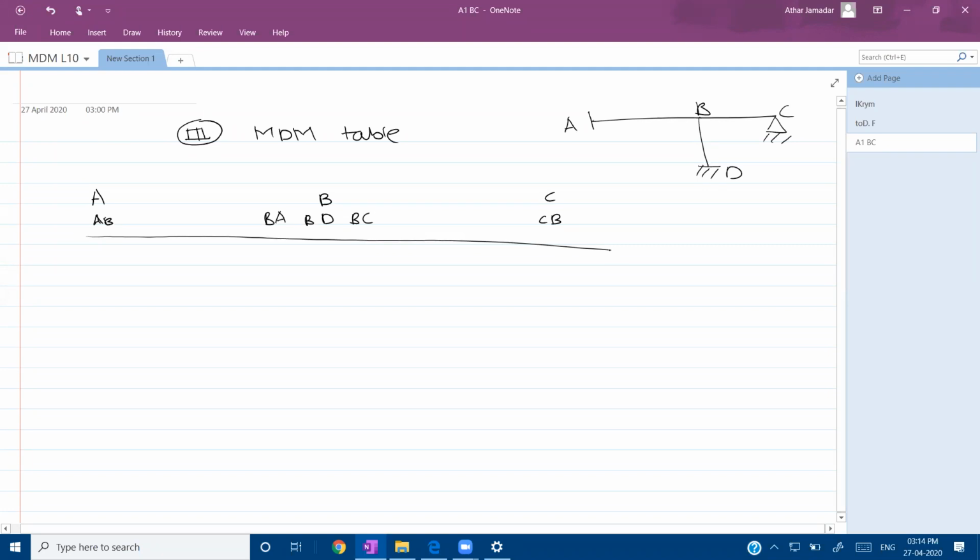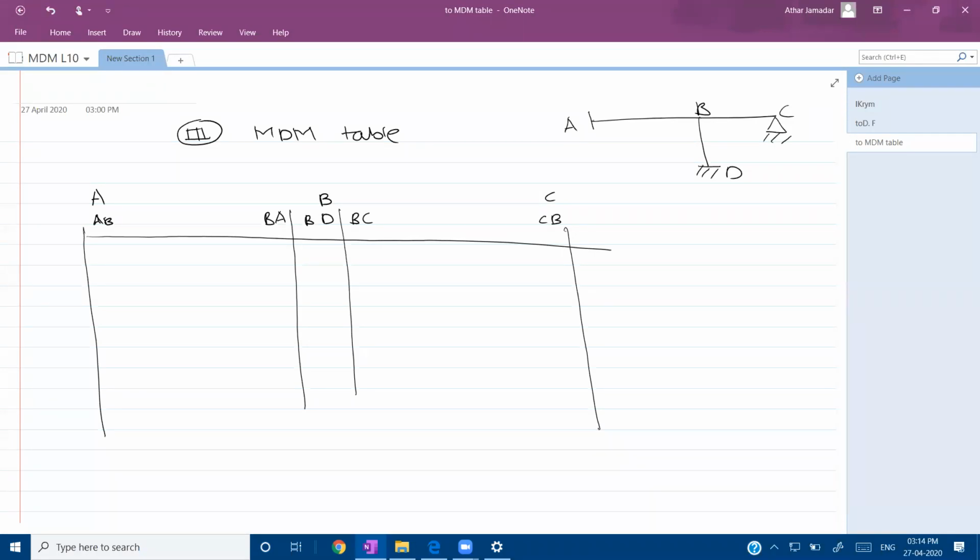So right now I will draw here one line. On joint B there are three members meeting. On joint A there is only one member, and on joint C there is only one member. Now next step, we will write down distribution factor. Distribution factor for BA should be written just below BA, 0.41. For BD it is 0.34, and for BC it is 0.25.